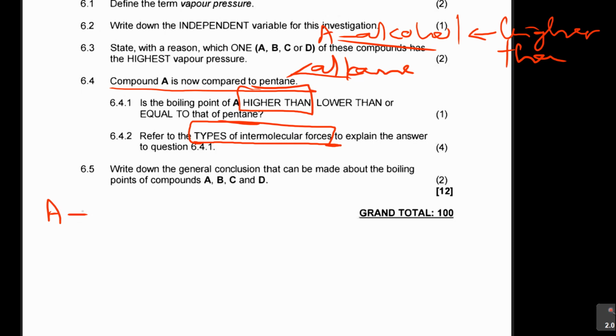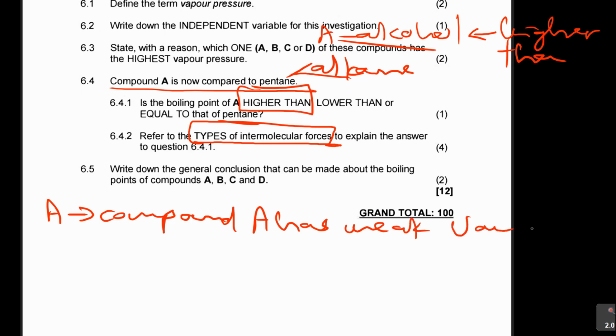Number 1, compound A has weak van der Waals forces, first is to identify them, and hydrogen bonds.